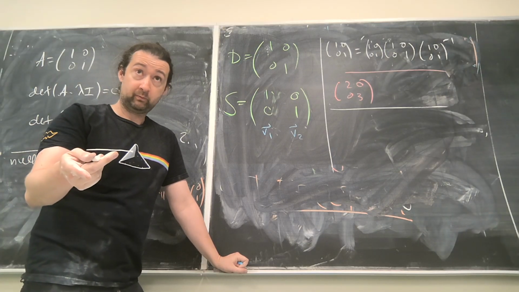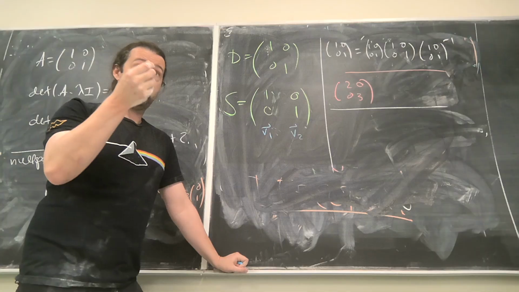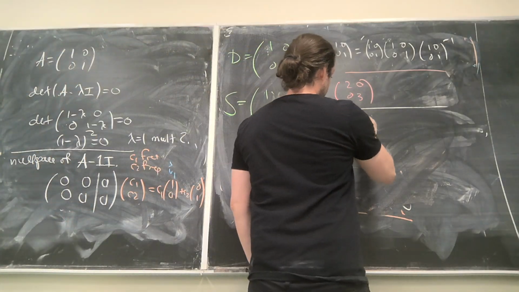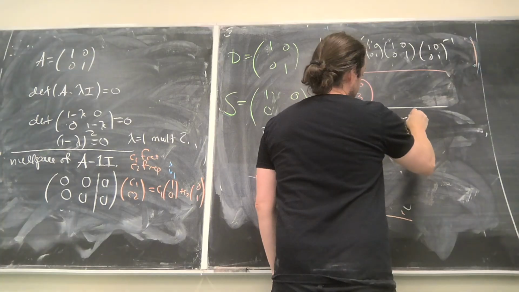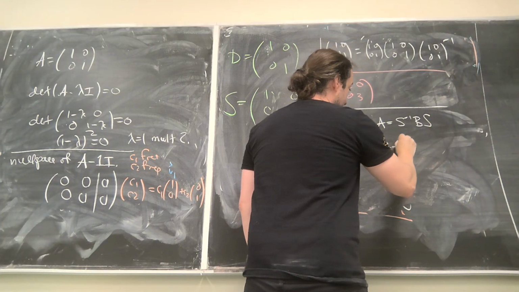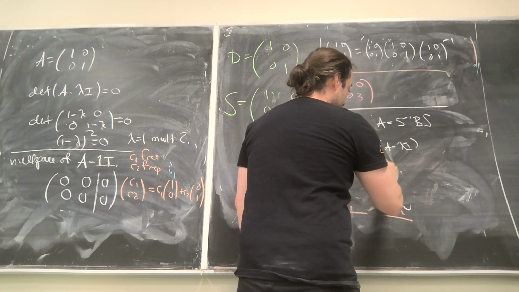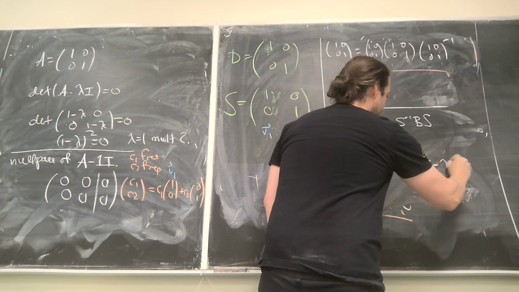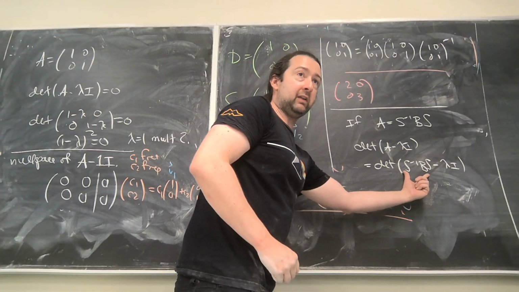You can show directly that if A is equal to S inverse BS, then the determinant of A minus lambda I is equal to the determinant of S inverse BS minus lambda I. You can unwind the S inverses here.